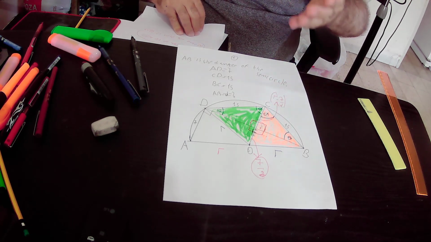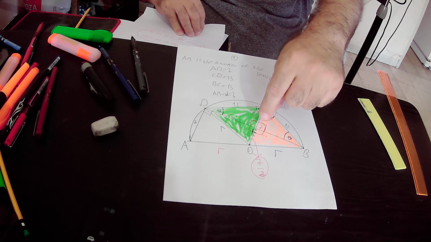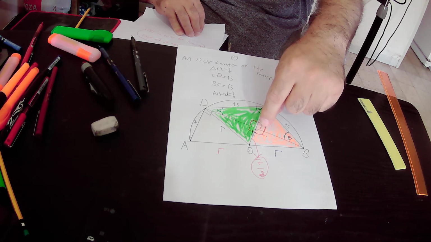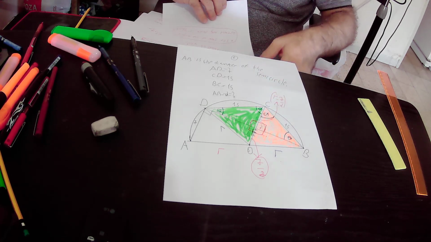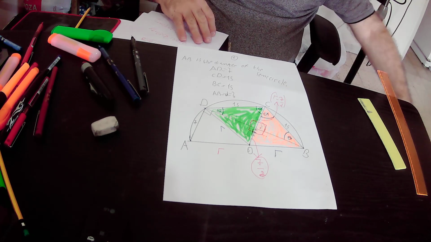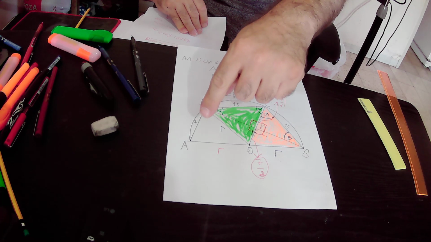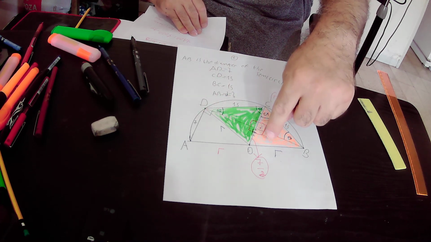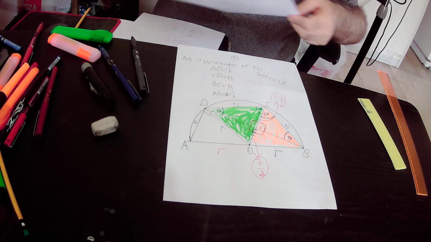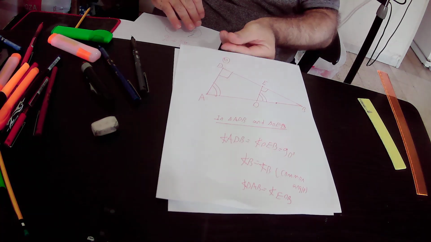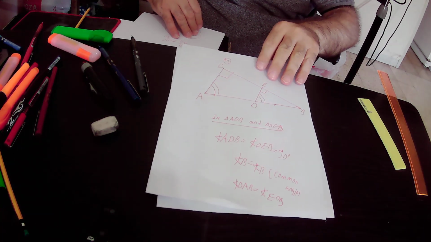So we actually found out that all the angles around point E are right angles, they are equal to 90 degrees. Then we focused on triangle ADB and on triangle OEB. I draw these triangles again here in this drawing.